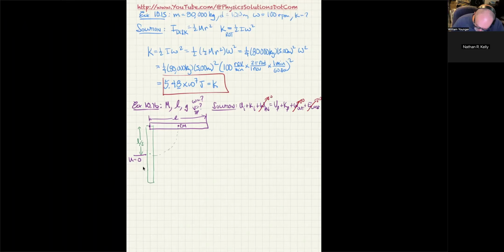And not only that, if we choose to call the height basically L over 2 below the center line of the beam, if we call that height U equals 0, then the potential energy at the end would be 0. So I can go ahead and say U final is equal to 0. And we are dropping this from rest, so K initial is also 0.